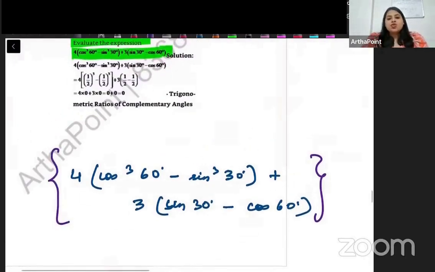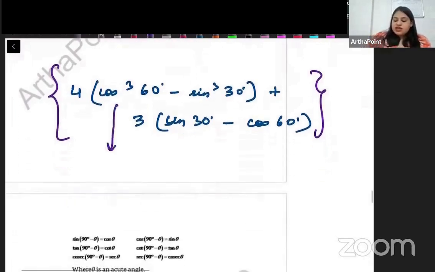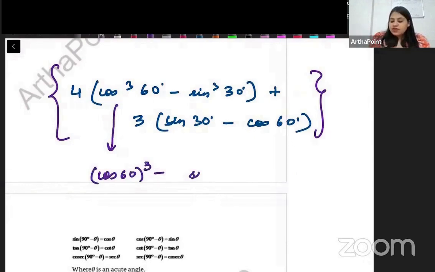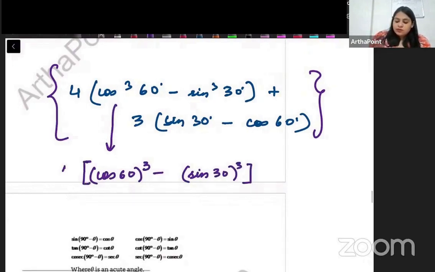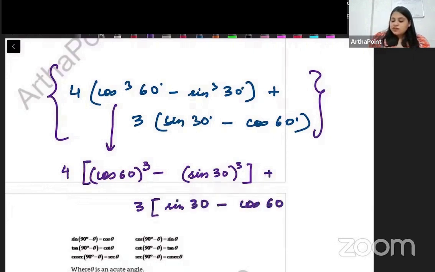So beta, cos cube 60 degree means cos 60 whole cube. Sin cube 30 degree means sin 30 whole cube into 4, plus 3 sin 30 minus cos 60.